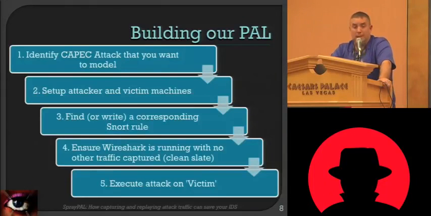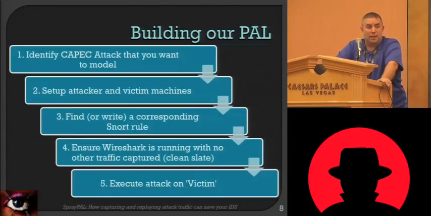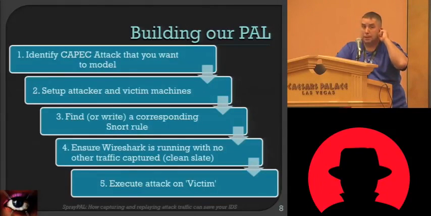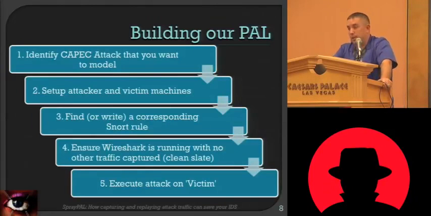So in our particular case, how do we build out the Pcap attack library? Simple enough. Go out to the dictionary, the KPIC dictionary, identify an attack that you want to catalog, set up your machines. That's 2 and 3, probably your most labor-intensive pieces. Then you have to test that. So there's a significant amount of testing. We try to reuse and give credit to the Snort rules that are already out there.